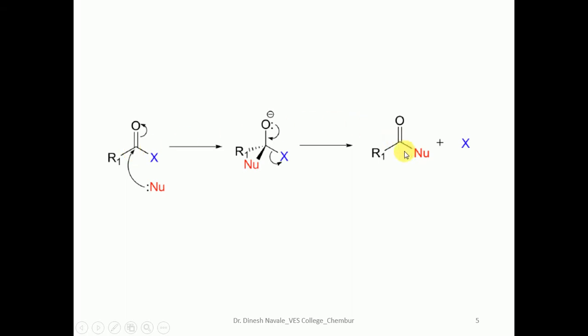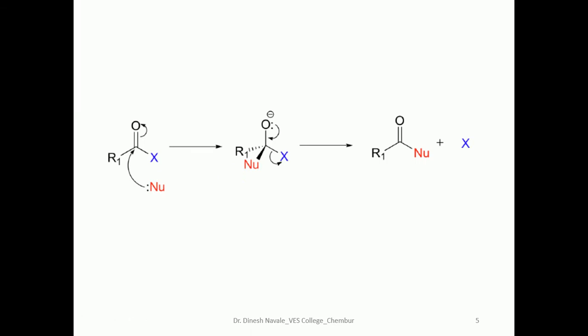We observe that the geometry of the starting material is sp2 hybridized. The hybridization of the carbonyl carbon in the product is also sp2, also trigonal geometry, but the intermediate is sp3 hybridized, a tetrahedral intermediate.